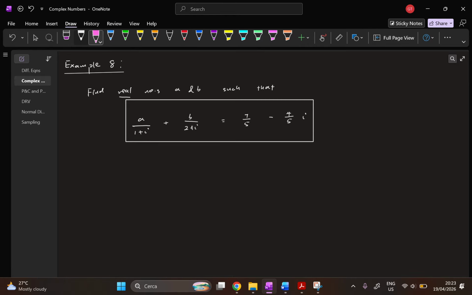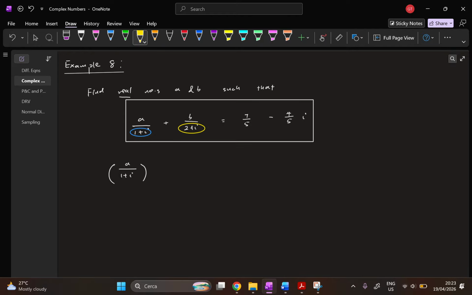Okay, so back to the question. I'm going to get rid of the complex number in the denominator by multiplying it by the conjugate. So I'm going to do this for both the fractions. Okay, I'm going to color code this, and I'm going to color code this.